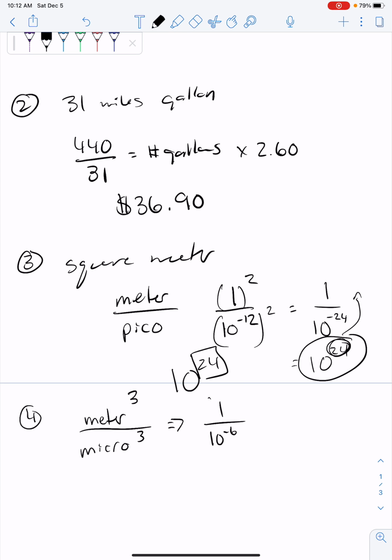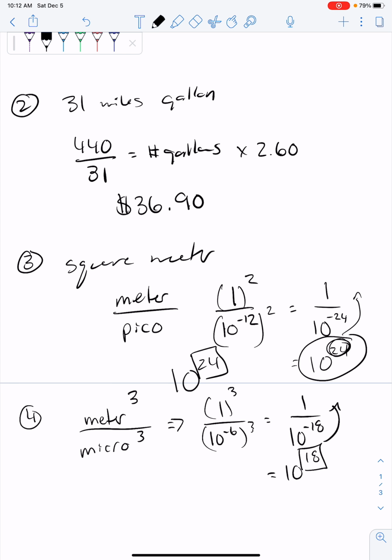But both of those have to be cubed because they're cubic. So this becomes 1 over 10 to the negative 18. And when I move that to the top, 10 to the 18th, that means that it is 18 times as large as the cubic micrometer.